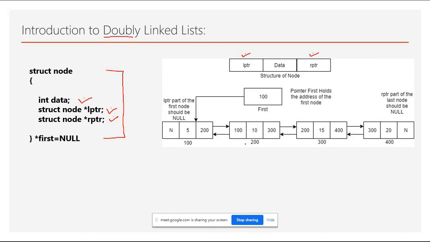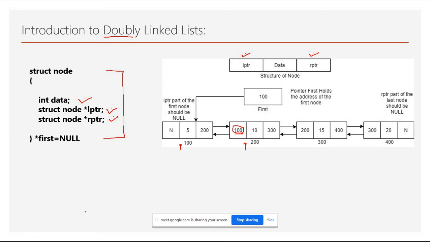Suppose you are on the node with address 200 and you want to go back to node 100. In that case you just need to refer to the address stored in LPTR, and you can come back.